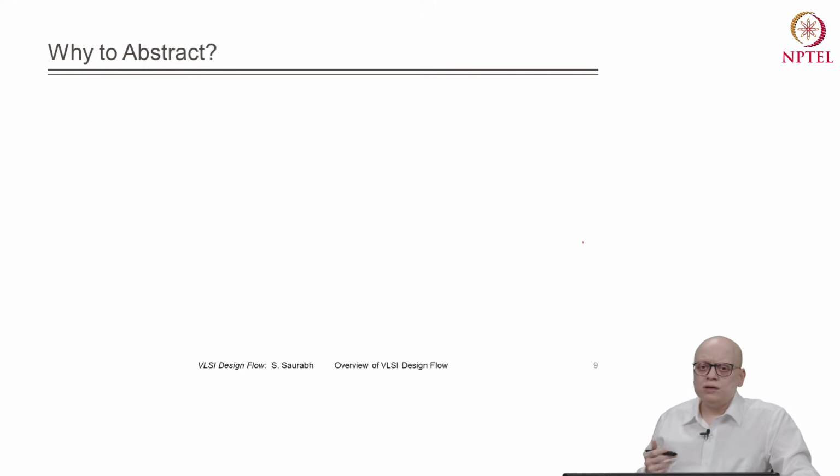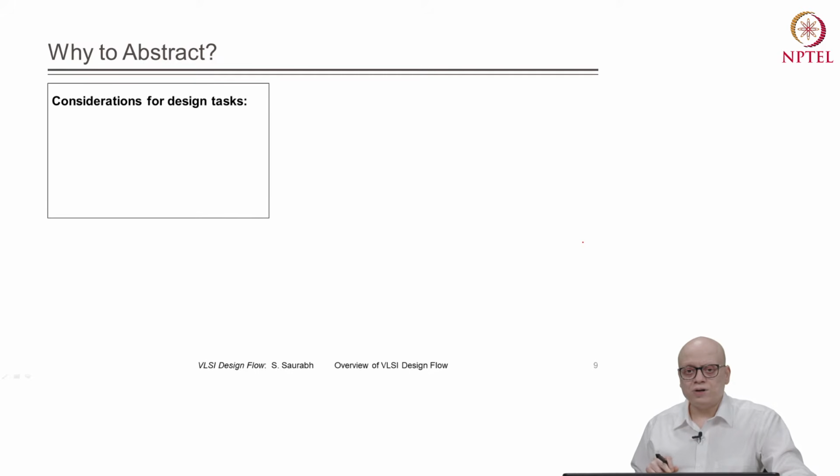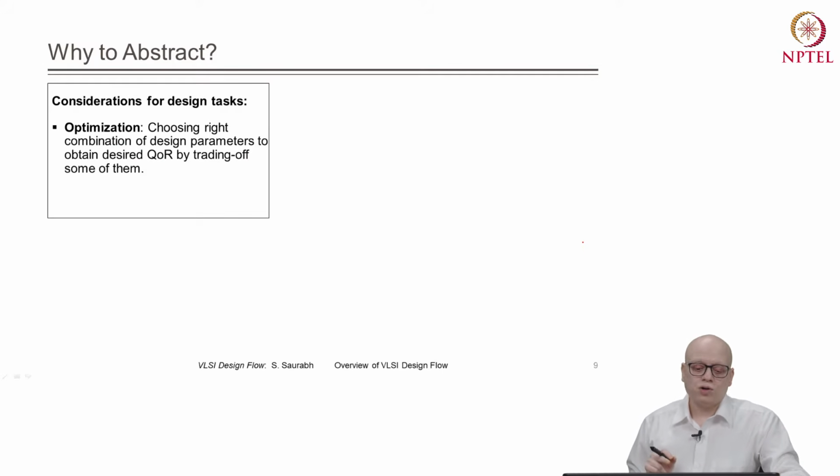Now, why do we do abstraction, or why do we abstract out information in VLSI design flow, especially at the earlier stages of design? To understand that, we should first see what the important considerations are for a design task. There are two important considerations. The first one is optimization.